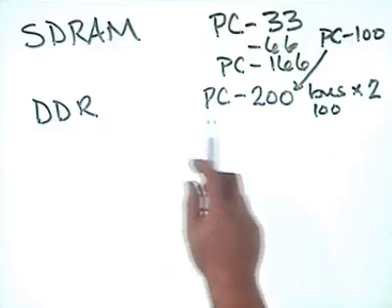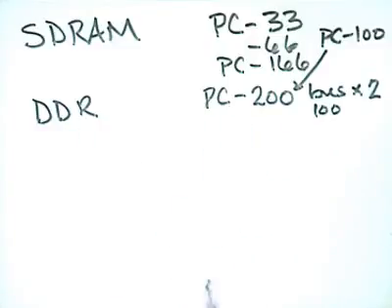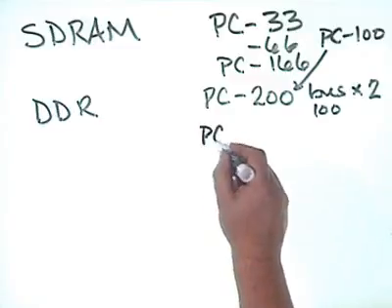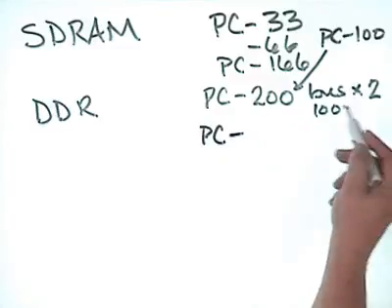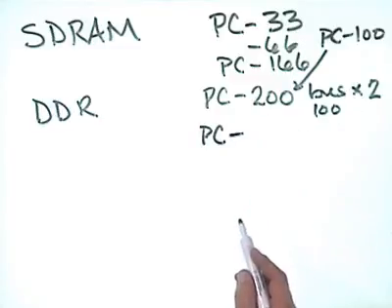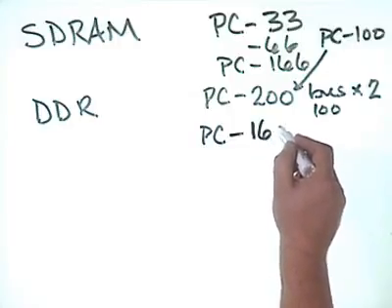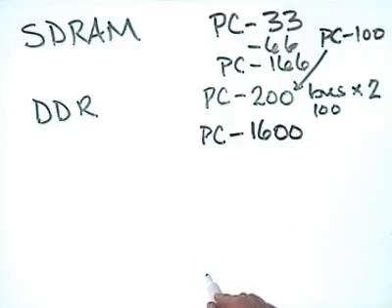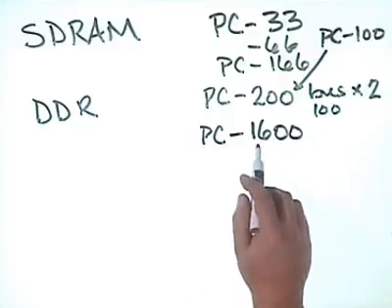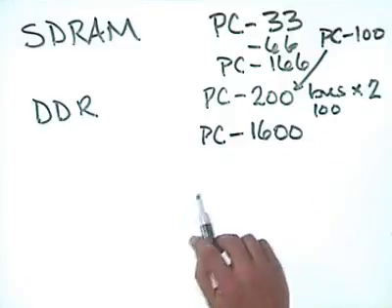To further complicate things, as DDR memory evolved, the PC designation was changed to no longer identify twice the bus speed, but rather to identify the bandwidth. So a PC designation of PC 1600 does not mean that the bus is operating at 800 MHz.